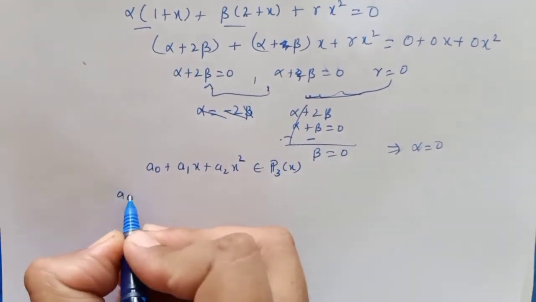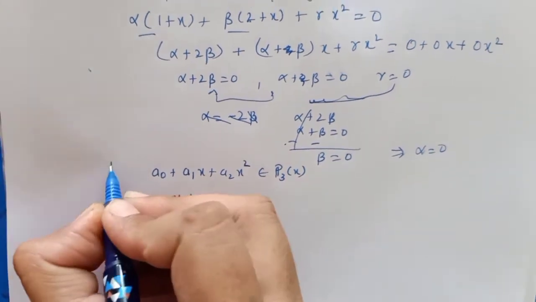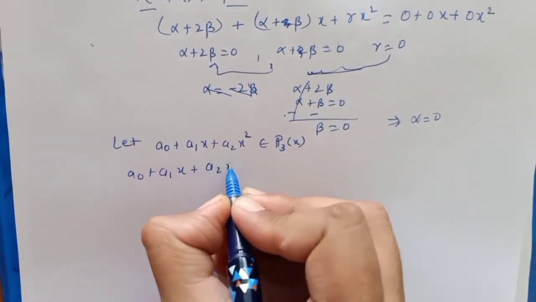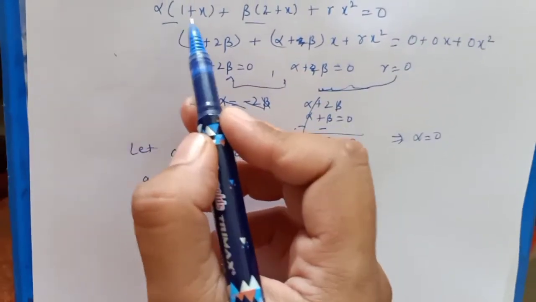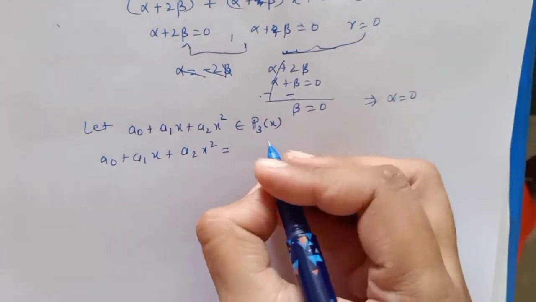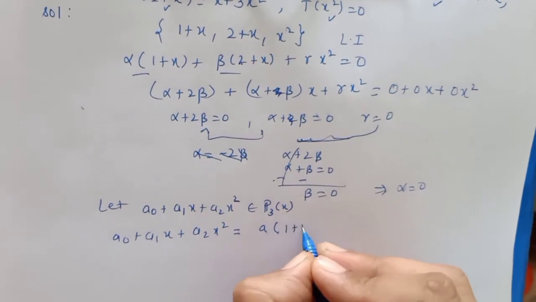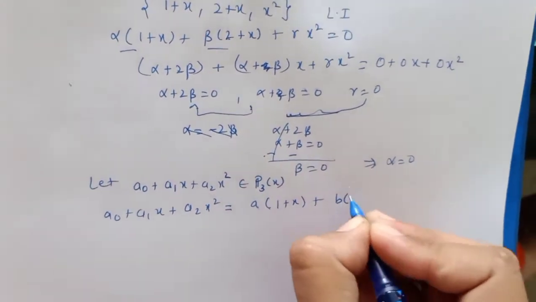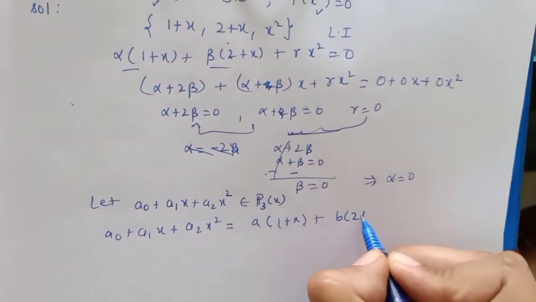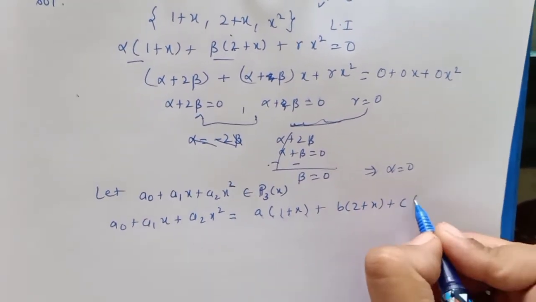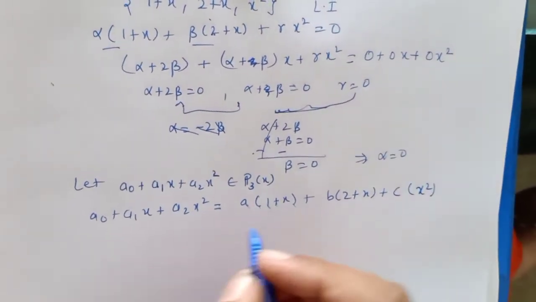So we'll show that this term can be written as a linear combination of the basis elements. Let me write a times the first element 1 plus x, and b times the next element 2 plus x, and c times the third element x square.